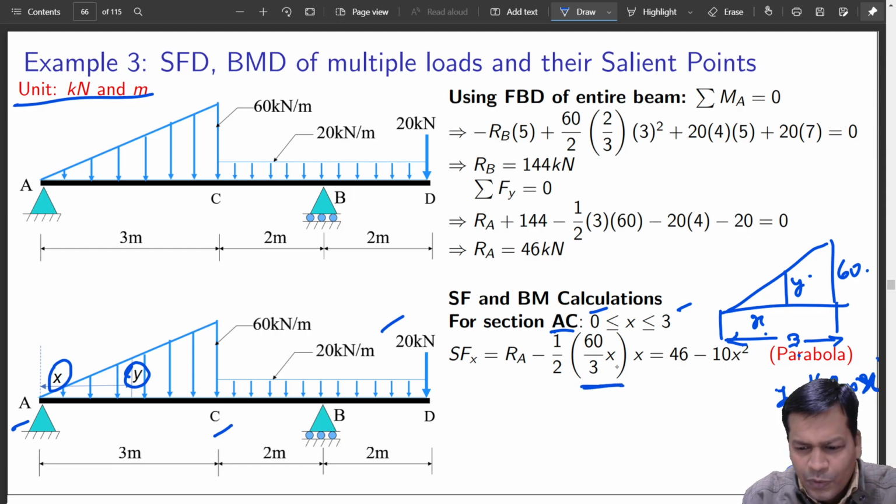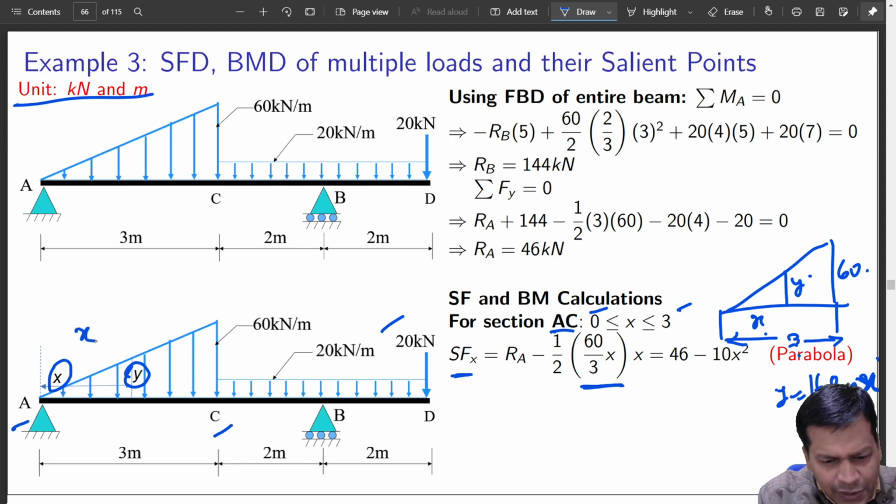Again, you are taking shear force. The total load acting downward for the section at a distance x from here is 60 by 3 into x. The mean is 60 by 3 into x, as the variation goes from 0 to 60 by 3 into x.